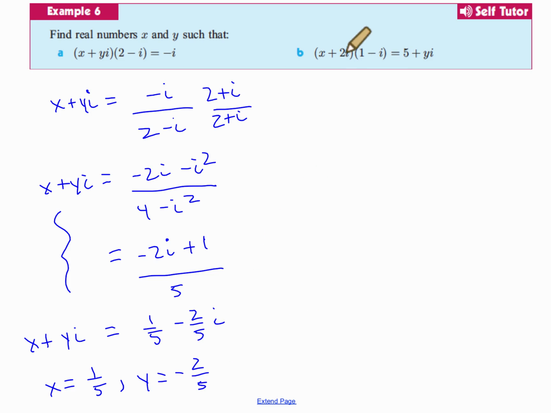Now here, I don't have the luxuries of having the x and the y together, so I am going to go ahead and expand this and then collect like terms in a convenient manner. So if I expand this on the left side, I get x minus xi plus 2i minus 2i squared, and that is equal to 5 plus yi.